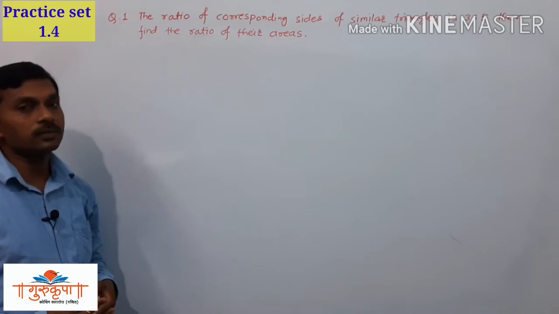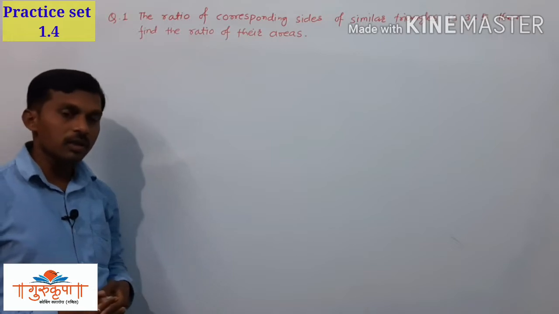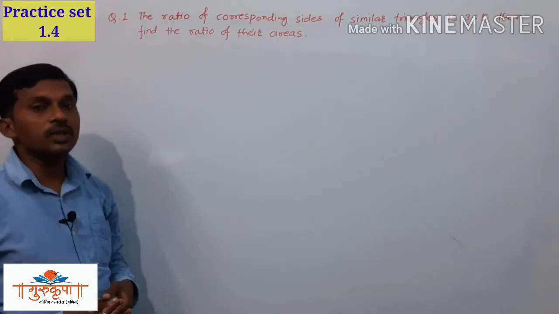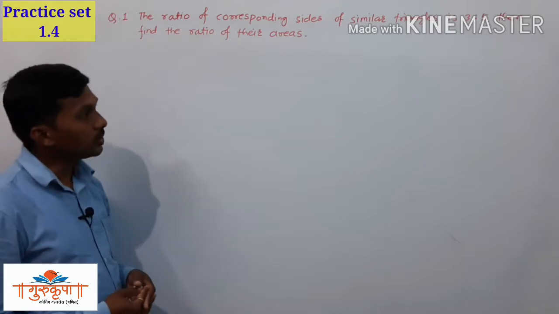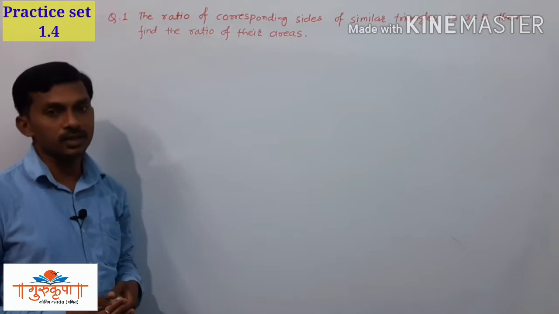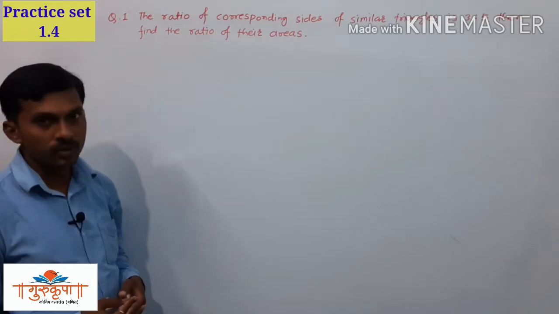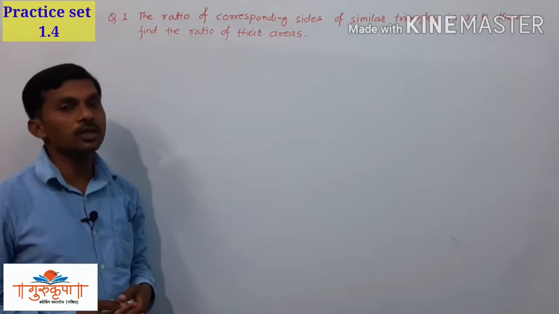What is the theorem? If two triangles are similar to each other, then the ratio of the areas of the two triangles is equal to the ratio of the squares of their corresponding sides. Using this property, we can get the ratio of the areas of the two similar triangles.